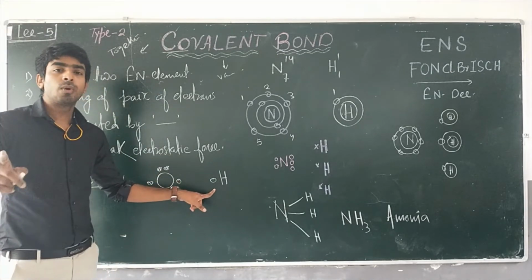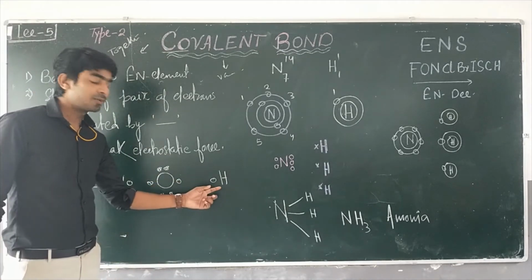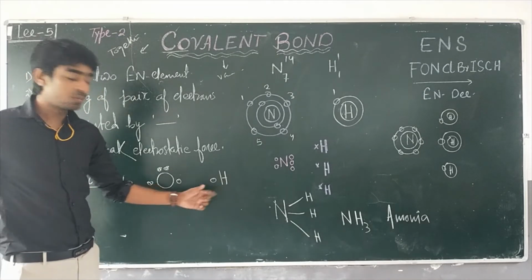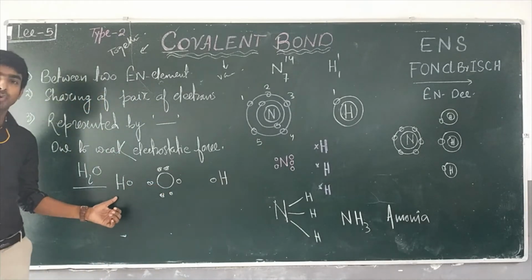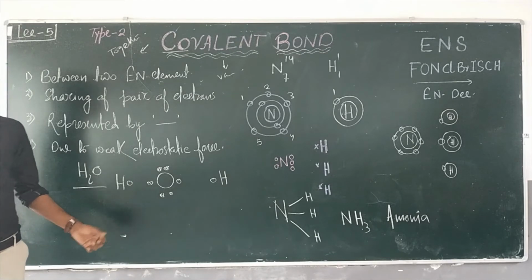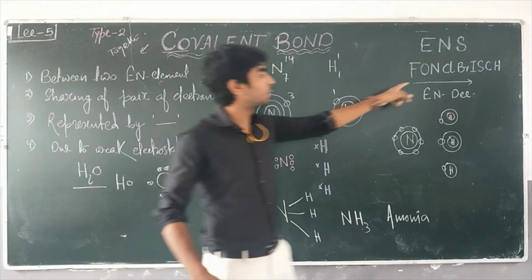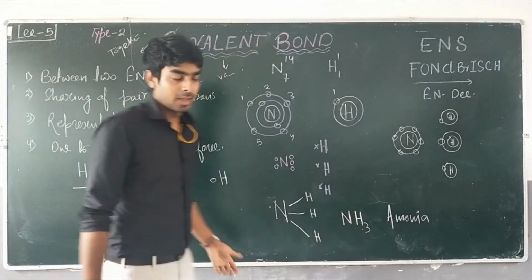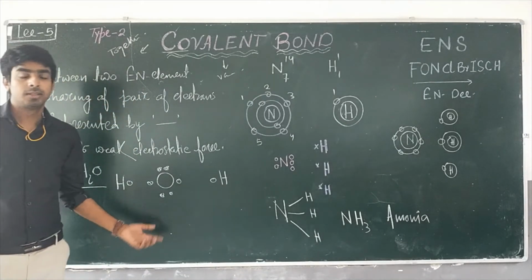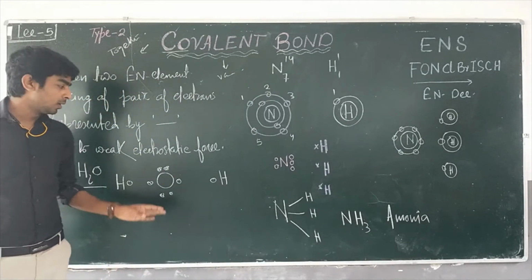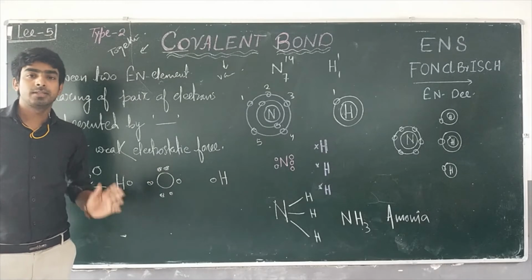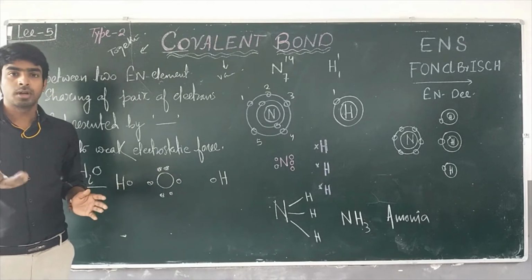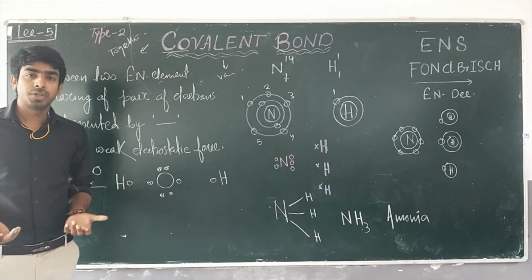This hydrogen only requires 1 electron, but it is electronegative. It wants to have an electron. This one is also electronegative and wants to have an electron too. Then there is only one possible way. They all came together and decided, okay, look, you want, I want. Why don't we share this electron?